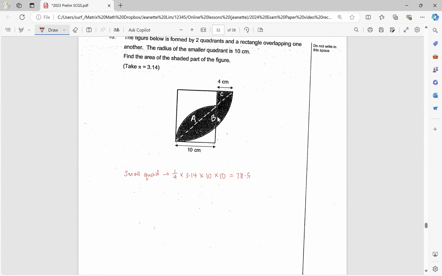Then minus away the triangle, which is half times 10 times 10. Is 50. And the area of A would be 78.5 minus 50. 28.5.